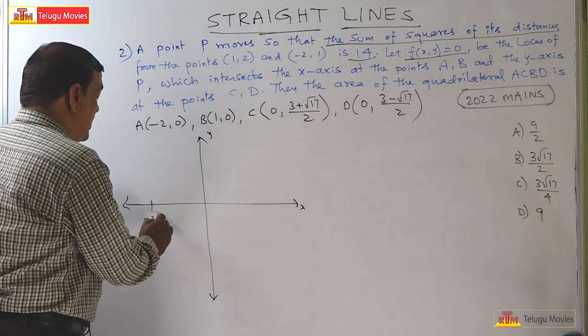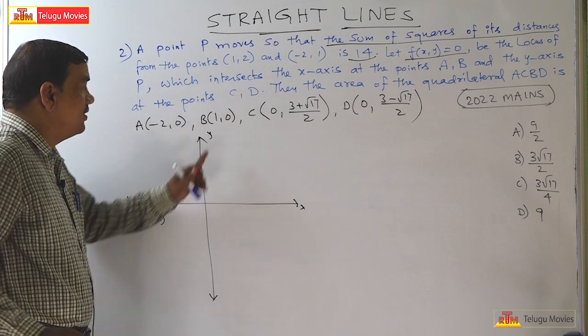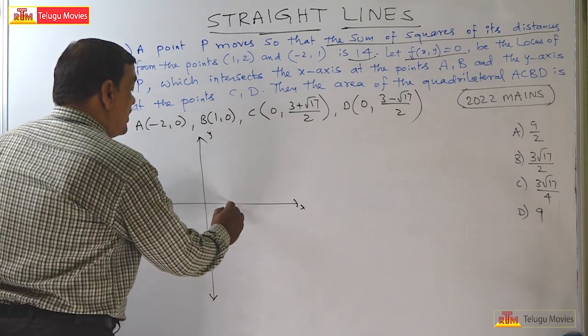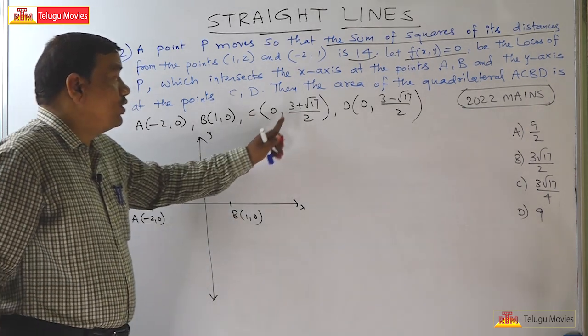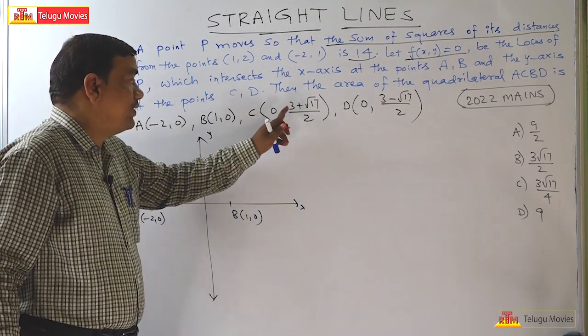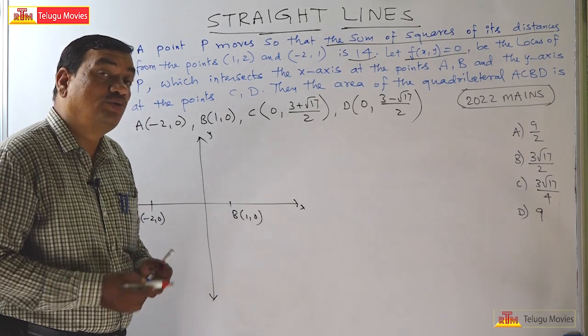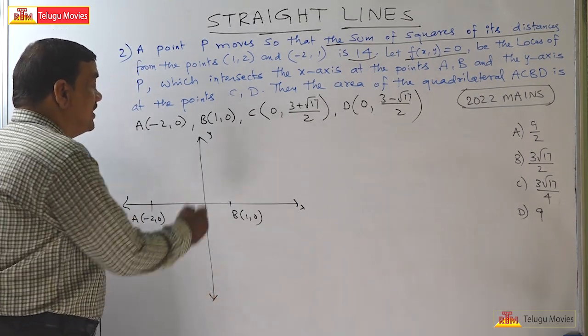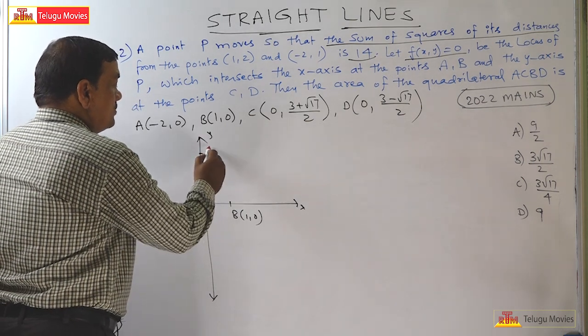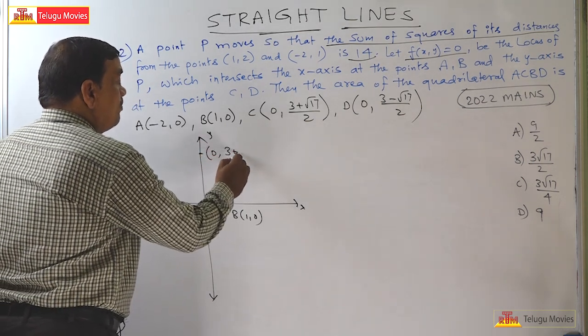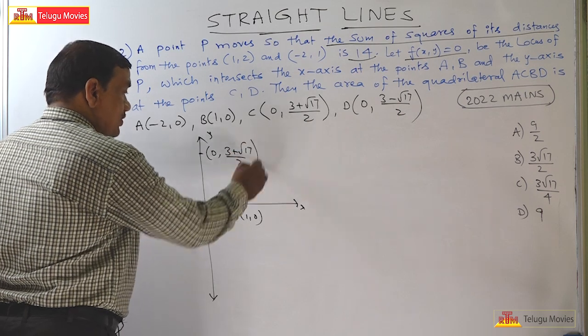This is A, and B is here, (1, 0). Then (0, (3 plus root 17)/2): 3 plus root 17 by 2 is a positive quantity, therefore it lies on the positive y-axis.